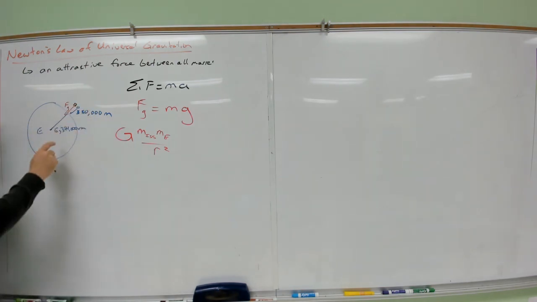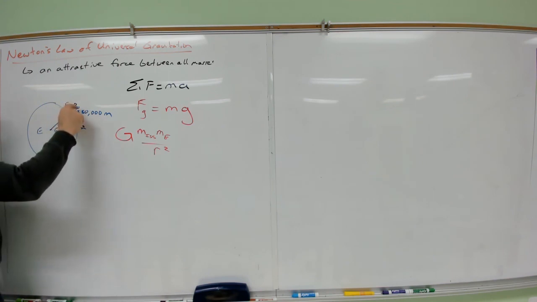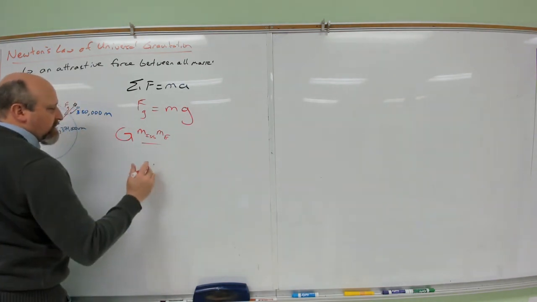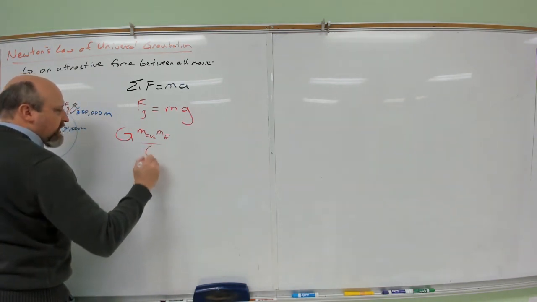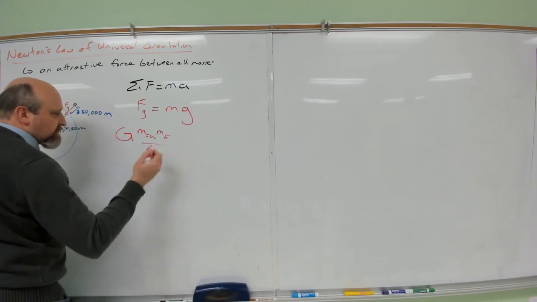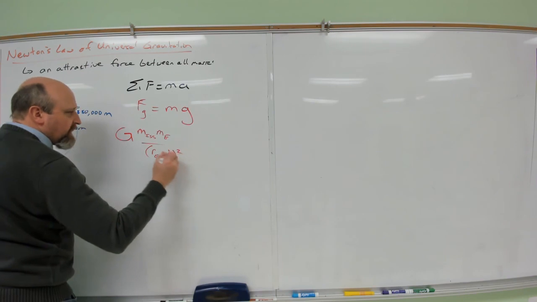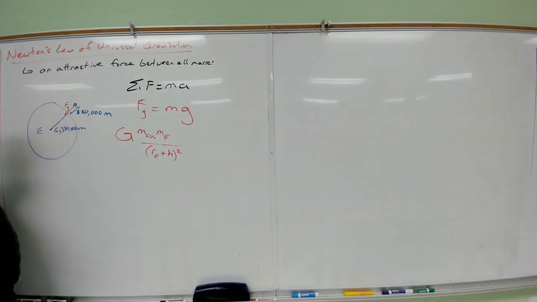That distance is not just the radius of the Earth, and not just the 380,000. It's both of them together, this whole distance. So the r is the radius of the Earth plus the height above the Earth's surface, combined, and that's what we have to square.